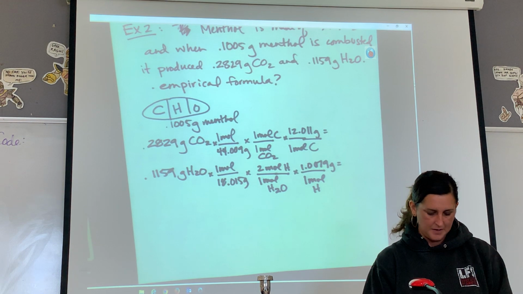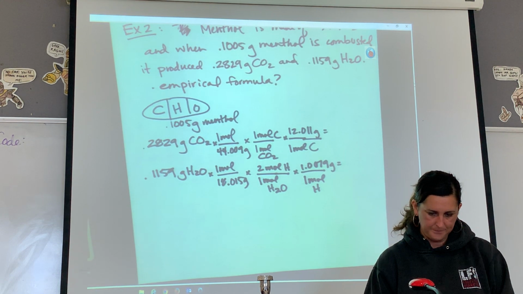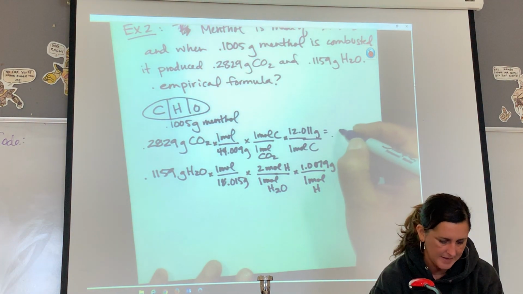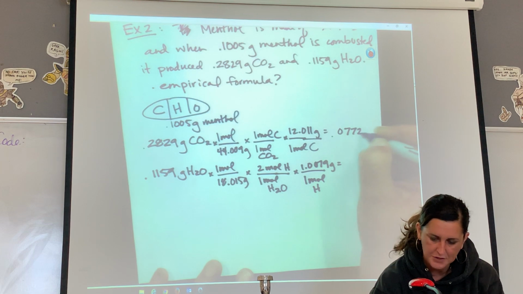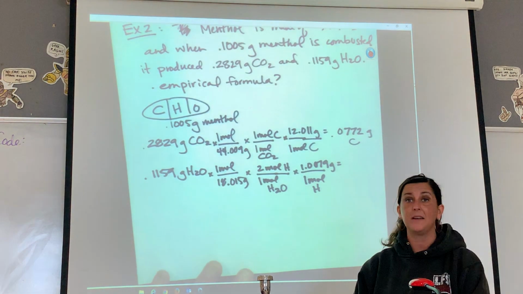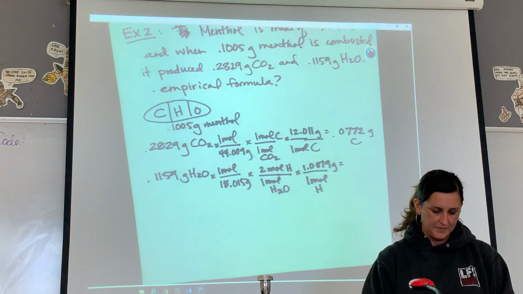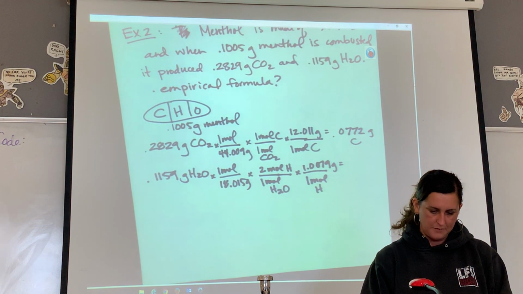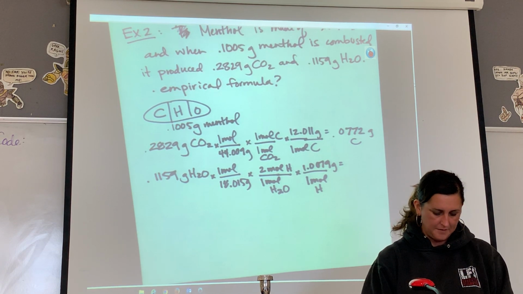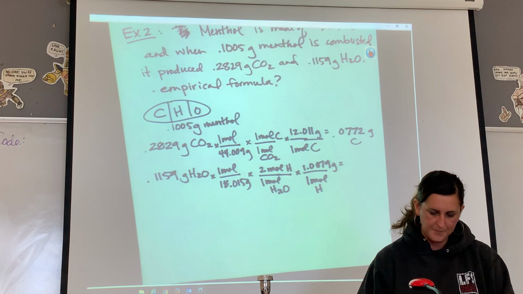Okay, so we're going to plug and chug here. 0.2829 times 12.011 divided by 44.009. Okay, and the grams that I get are 0.0772, and that's grams of carbon in the original sample. And then we get 0.1159 grams of water. So we'll go times 2 times 1.0079, and then divide by the molar mass of water.